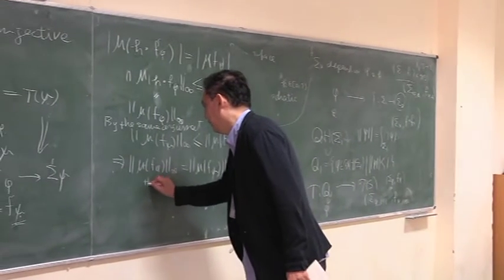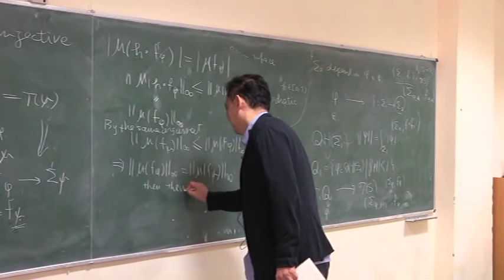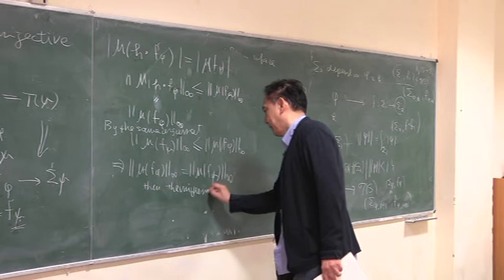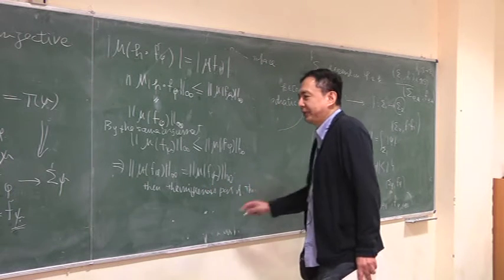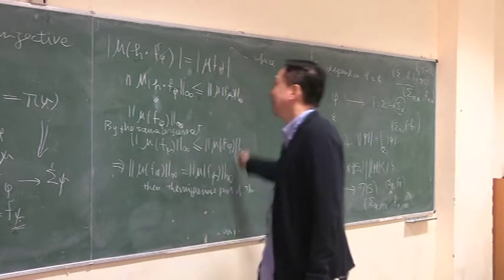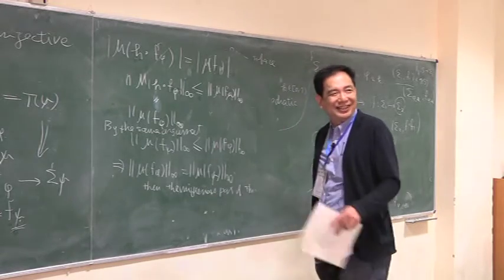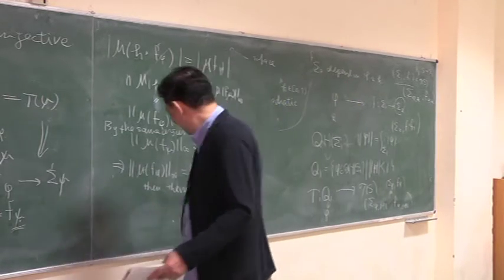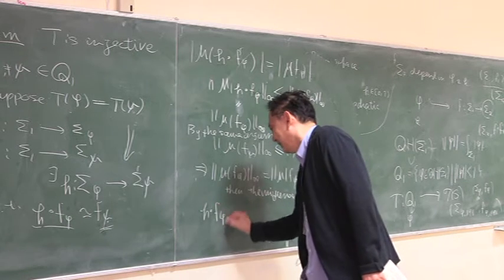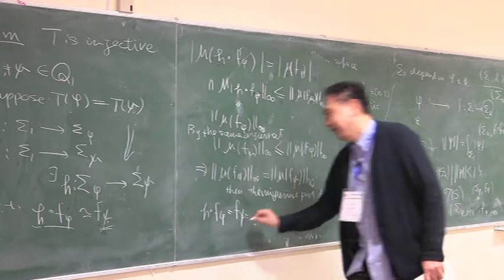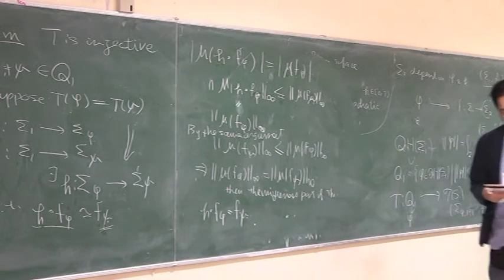Then the uniqueness part of the theorem, the theorem I erased here, implies this should be equal.